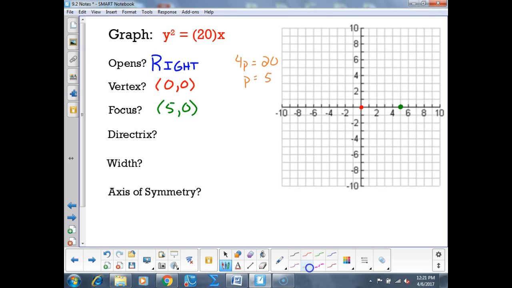Which then means my directrix is which way? Left. No. Directrix is a line. Oh, that's right. My directrix is a line. Where is my line?